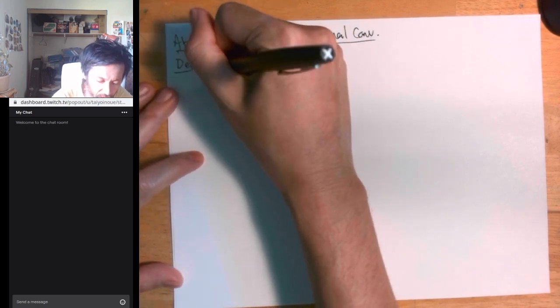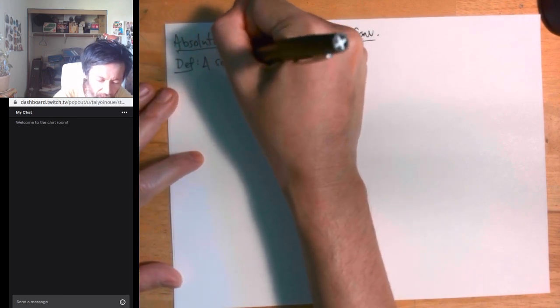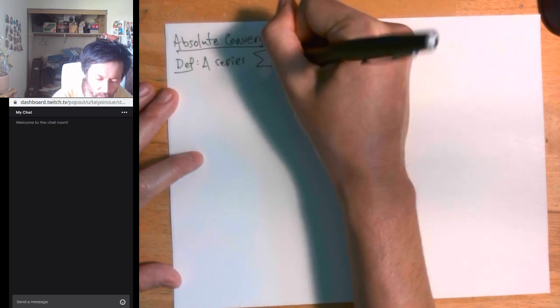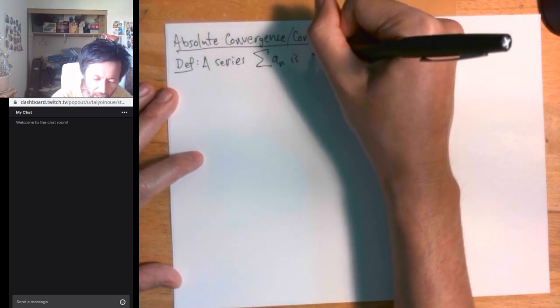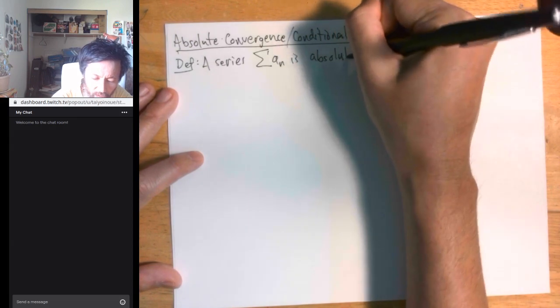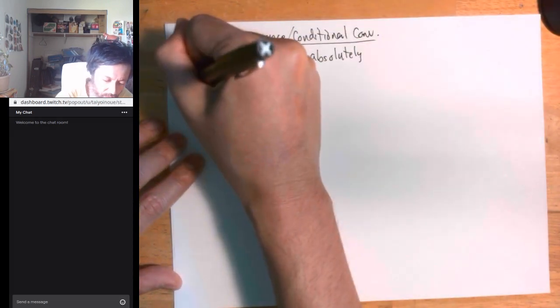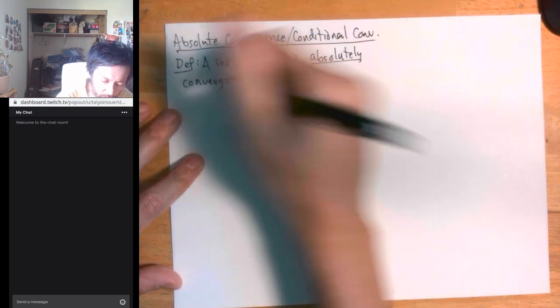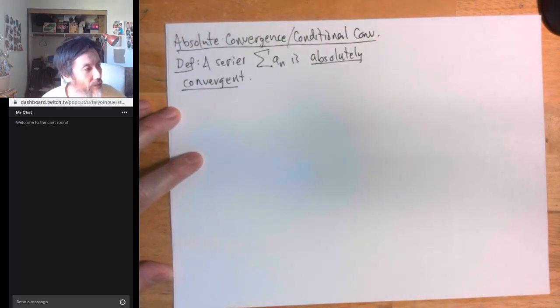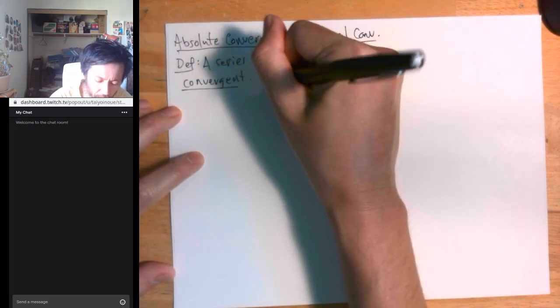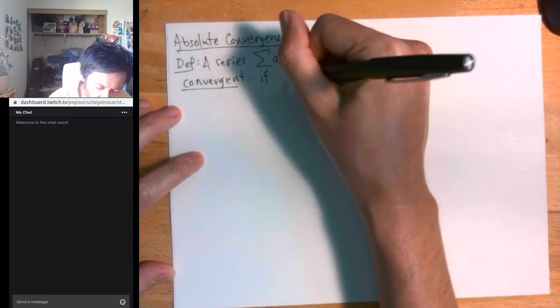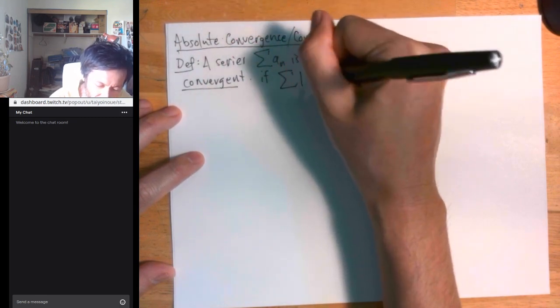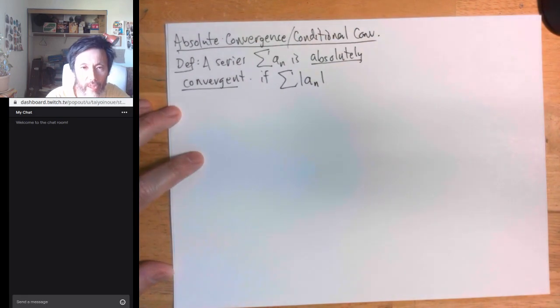An infinite series, I'll just say a series, sum of a sub n, is said to be absolutely convergent. This is a new adjectival phrase that we are going to apply to series. A series is absolutely convergent if the sum of the absolute value of a sub n is convergent.